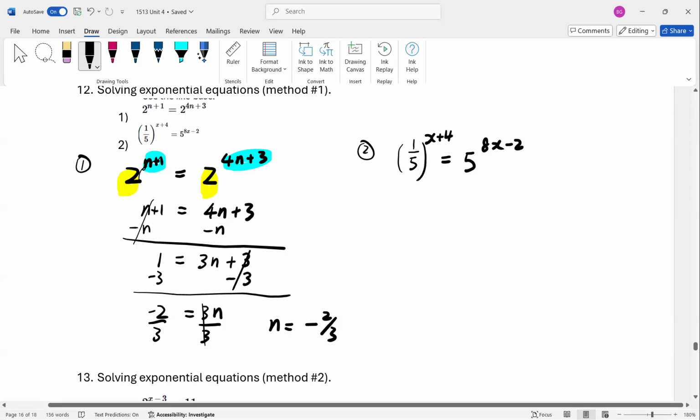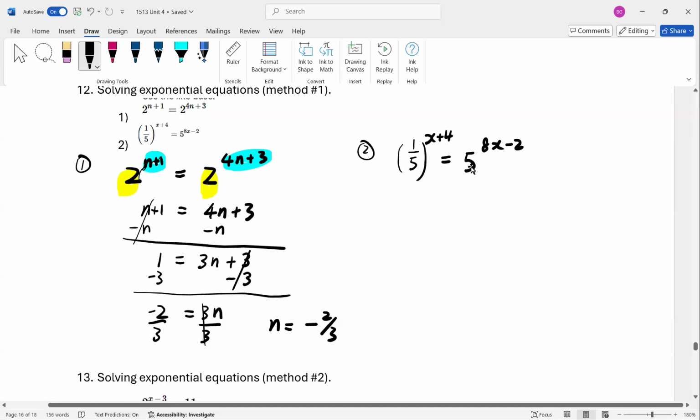And in the second question, they do not have the same base right now, right? Left side, the base is 1 over 5. Right side, the base is 5. However, we can see how closely related the two bases are. 1 over 5 and 5, they're reciprocals of each other, right? So we should be able to rewrite left side and the right side as powers with the same base.